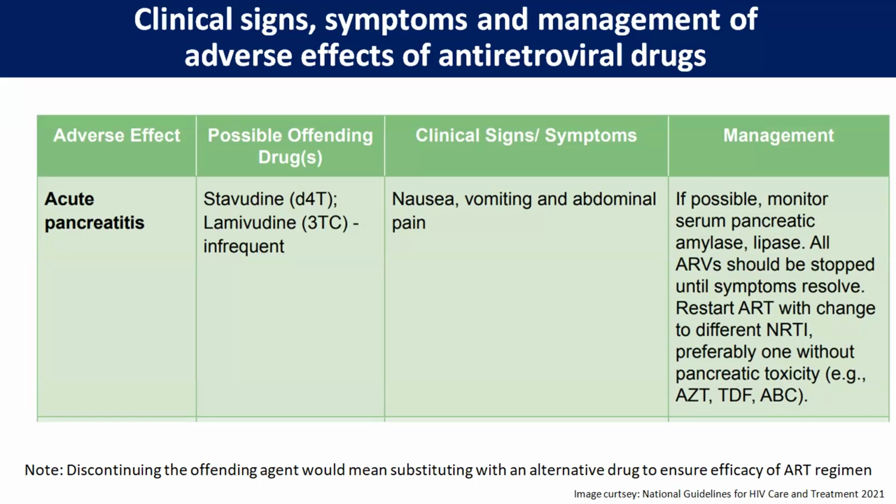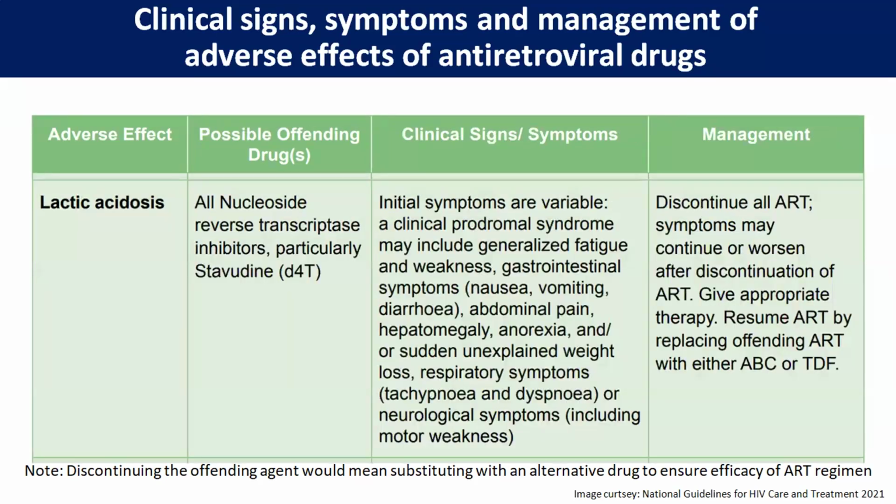If you think of pancreatitis, you should stop antiretrovirals and think of an alternative drug. In case of lactic acidosis, all the NRTIs can cause lactic acidosis, particularly stavudine, which has already been phased out.